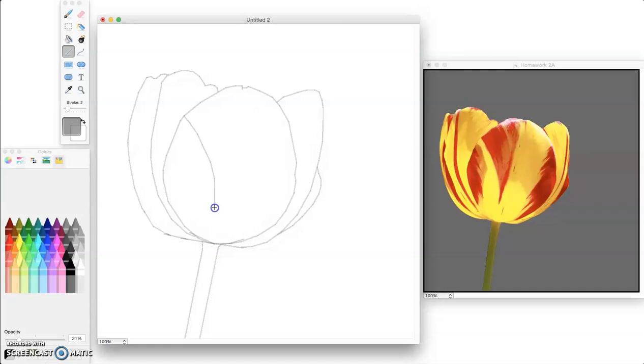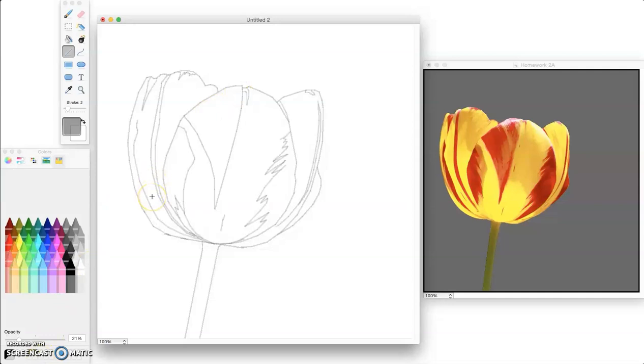I'm taking a look at my overall shape of that one petal of the flower, and I'm saying, where does that point end? I think it ends roughly at that point. Actually, maybe I should have gone down a little further. I don't know. And then that's that shape. And I'm not going to do any more with it.